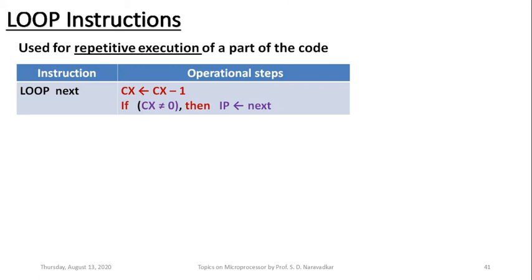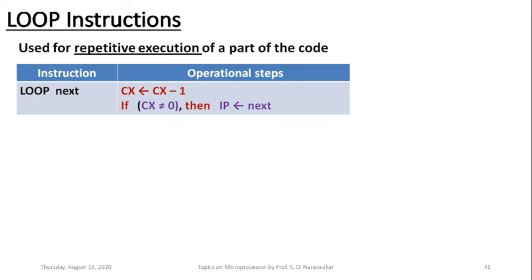It means that effectively this loop next instruction is a combination of 2 instructions. The first instruction is a decrement, DEC CX, and the subsequent instruction will be jump if not 0, JNZ next, the label.